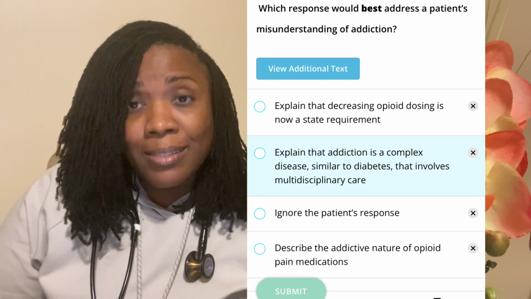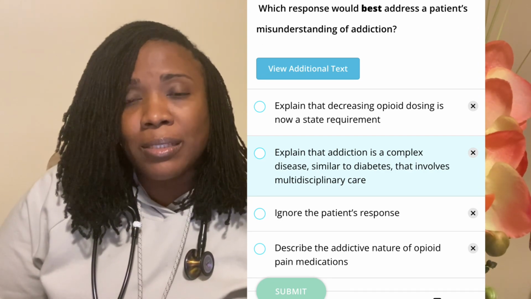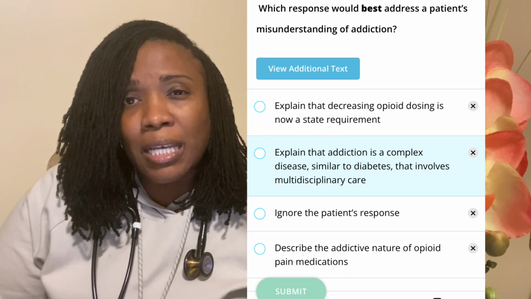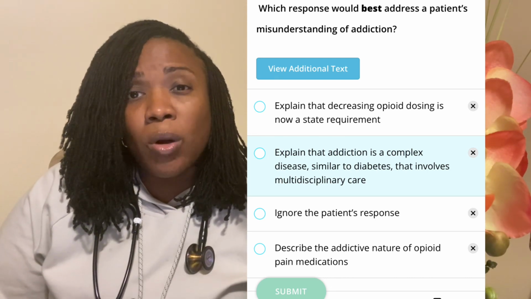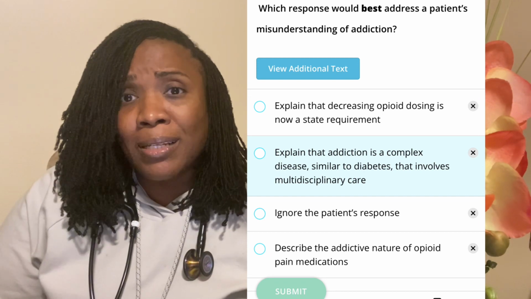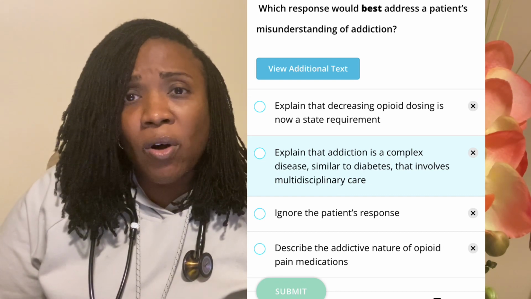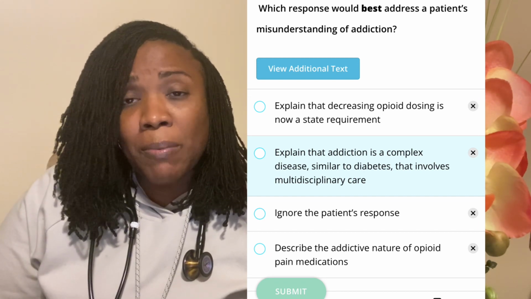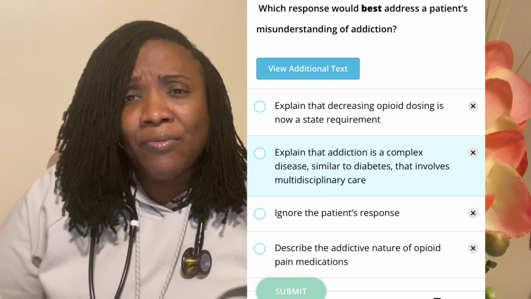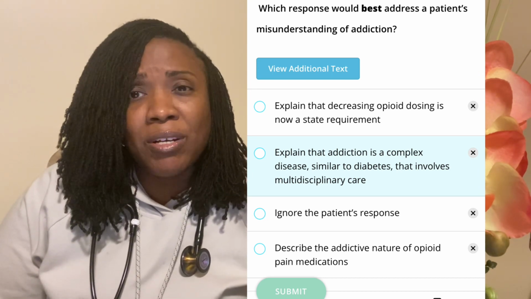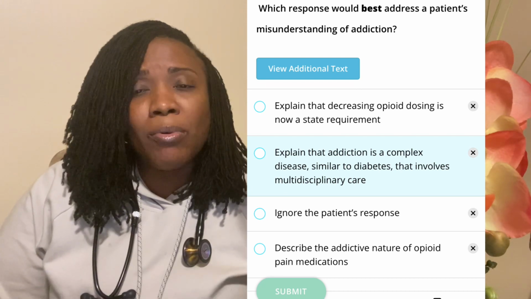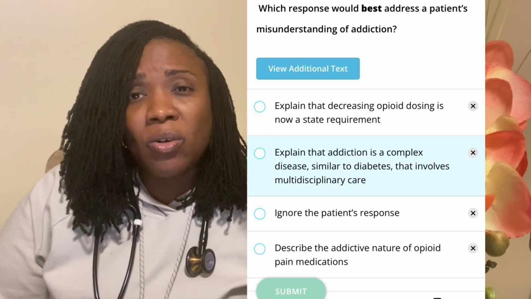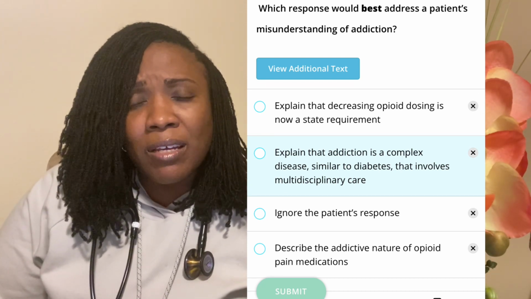You're calling it a disease because it is a disease process, because we tend to stigmatize patients who are addicted to medications, but a lot of times addictions are not even their fault. A patient may be placed on a pain medication after an acute injury, maybe a surgery or a terrible accident, and had to be placed on a narcotic for a significant amount of time.